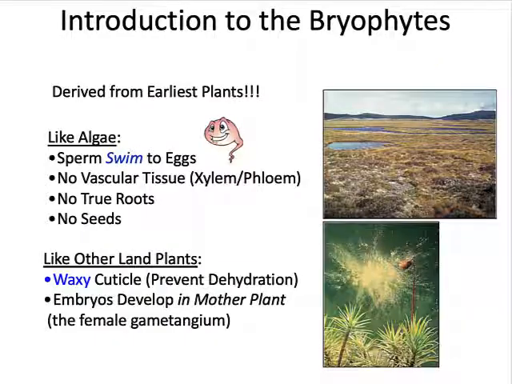Now we can introduce you to the bryophytes. These are the types of plants that we believe are derived from the earliest plants. The bryophytes are similar to algae in that they need sperm to swim to eggs and therefore require water for fertilization. The bryophytes have no vascular tissue, or roots, or seeds.